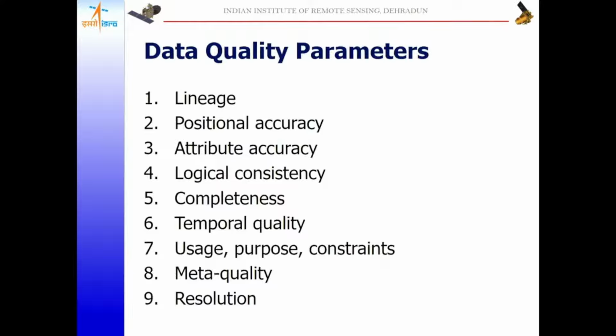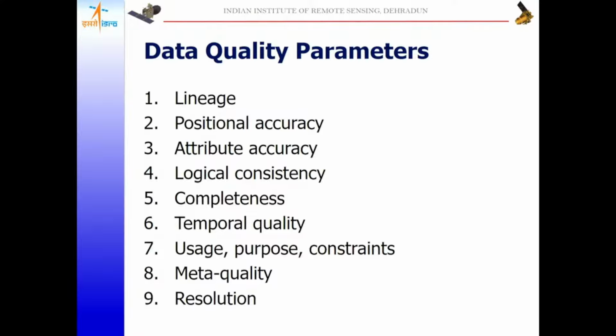When we talk about data quality parameters, we talk about different terms in which we discuss data quality, like lineage. These are a few points that were given earlier, and they arose at different times. First somebody decided 5 points, then the next step divided it into 7 points, then further 9 points.